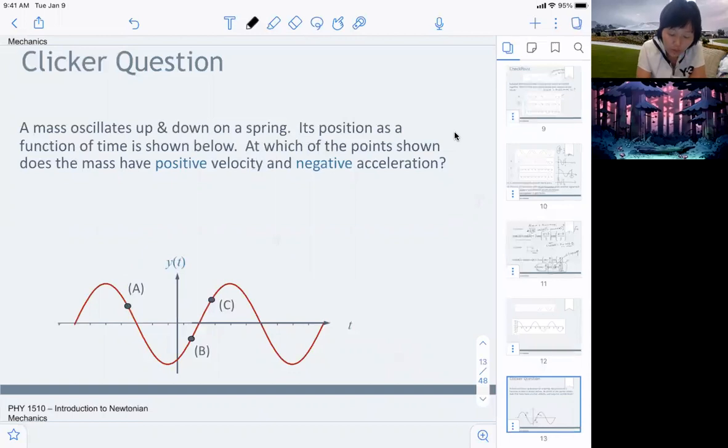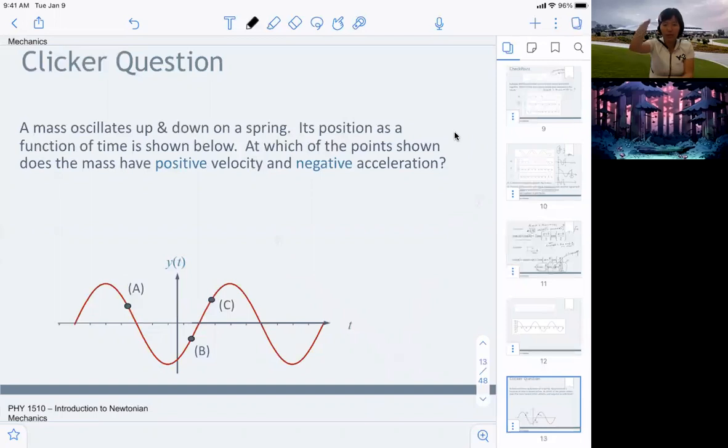I want to give you a little bit of a hint to answer the question. You might be able to simply look at the graph and tell. You can think of a mass going up and down. When my mass is up here, my acceleration is always pulling down. When my mass is down, my acceleration is pulling it up.